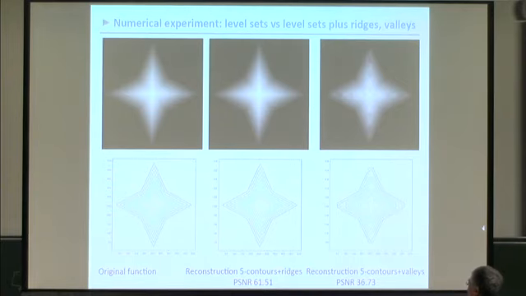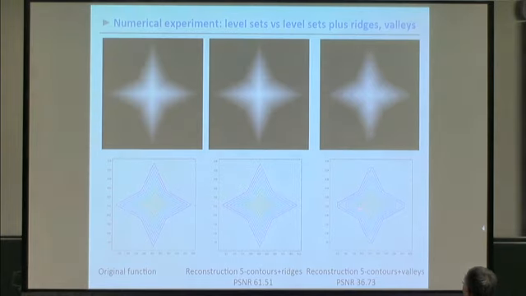Now I can select either I use ridge or valley to reconstruct, which means I require the values on those as well. Then at least in terms of the so-called PSNR, it's 61.